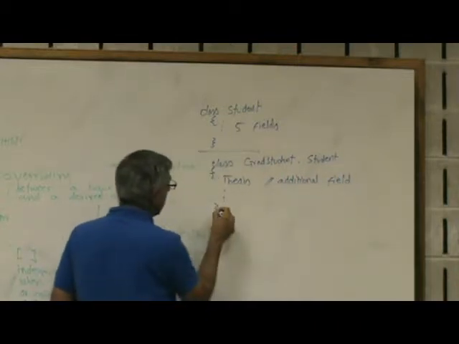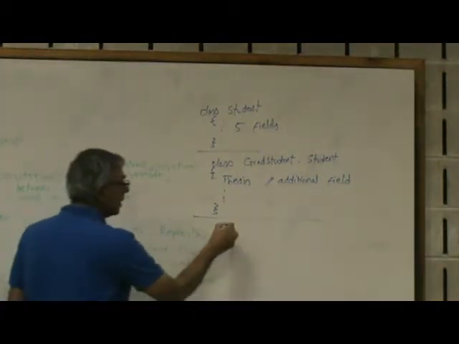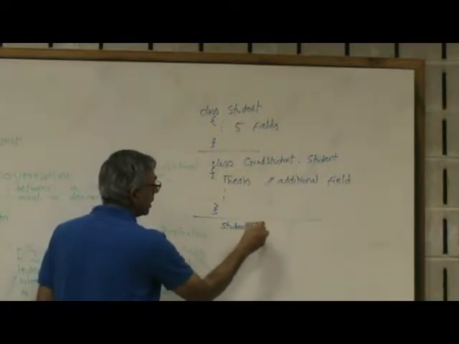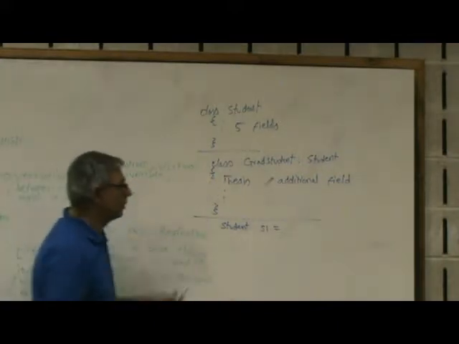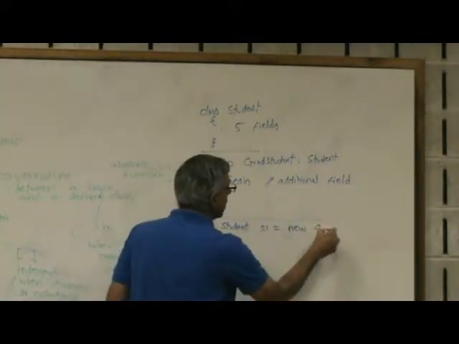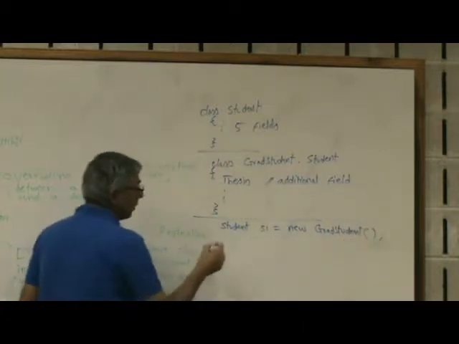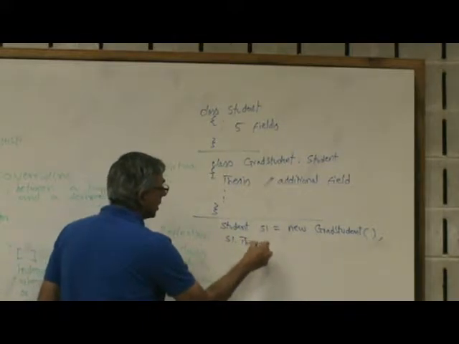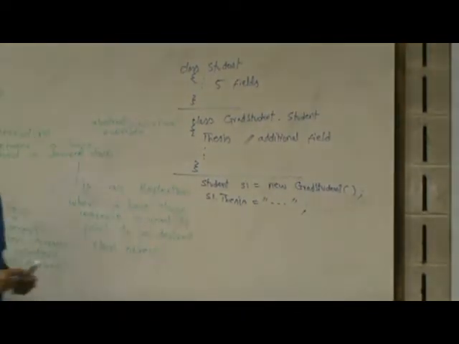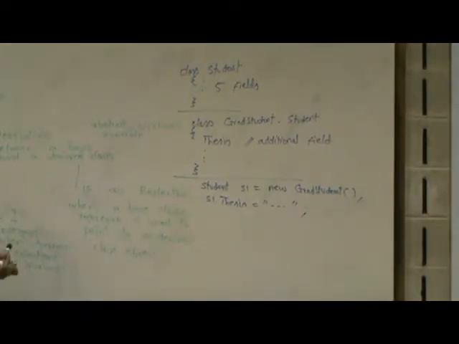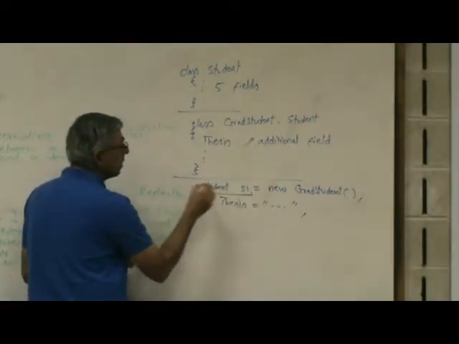Okay. Now, if somebody gave us, for example, student type reference, so somebody created a code like this, student S1. However, they allocated the derived class object, so new grad student. Okay, so if through S1 they wanted to set the thesis, as we discussed, this will work, or this will generate a compiler error? Compiler error, because the way compiler works is it will check S1, S1 is of type student.